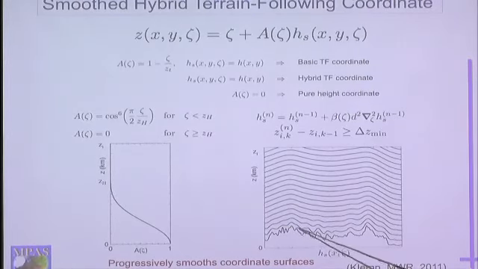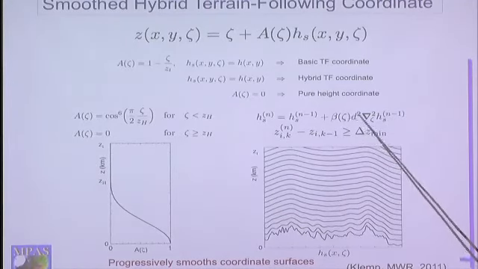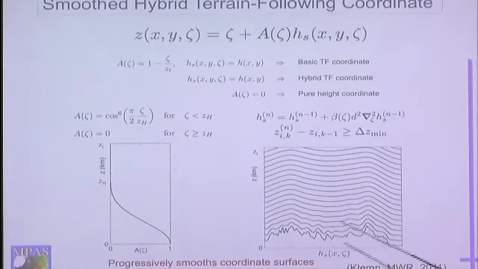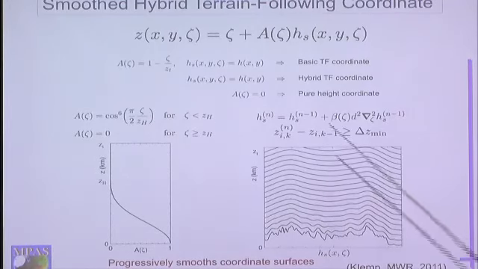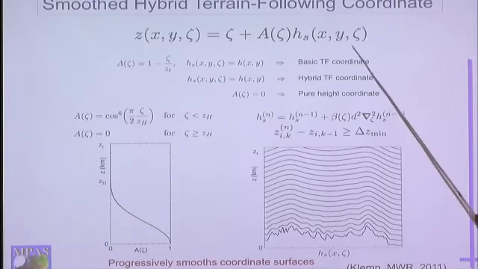So imagine that we take the terrain height here, h. At the first coordinate surface, we run a Laplacian smoother over it. We can run that a number of times if we like, till we get a somewhat smoother representation of this terrain. Then we use that somewhat smoother profile up here, and then we go up to the next coordinate level. We take whatever we had at the one below and smooth it a few more times, and then use that. Each time we move up one level, we use a smoother and smoother version of the terrain in the hybrid coordinate.